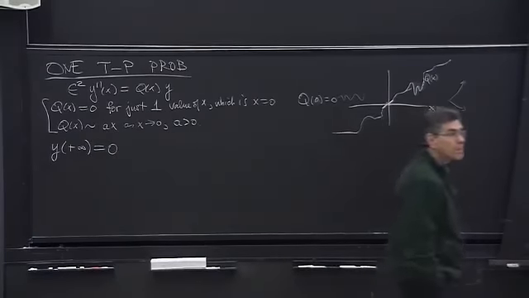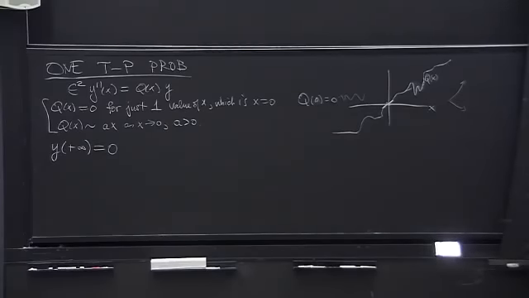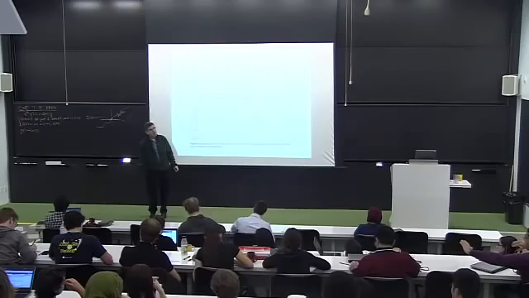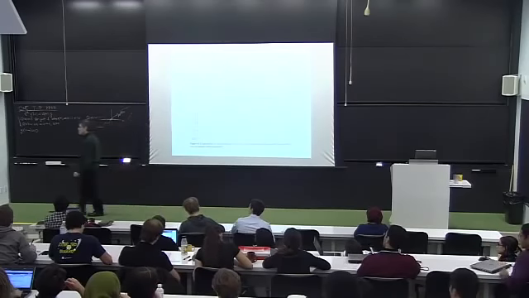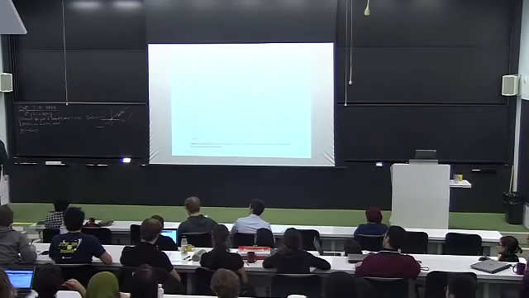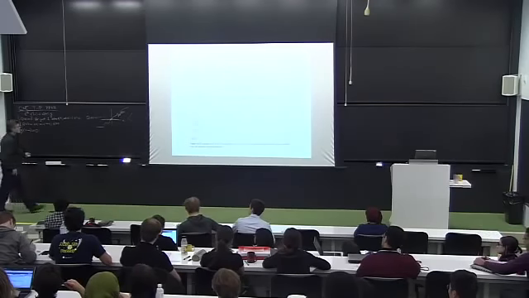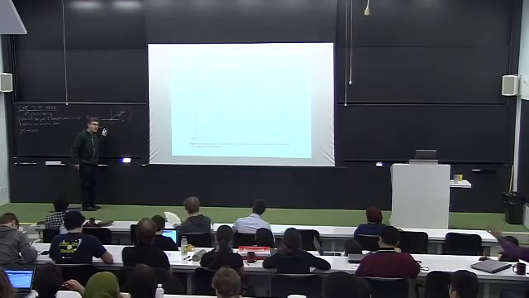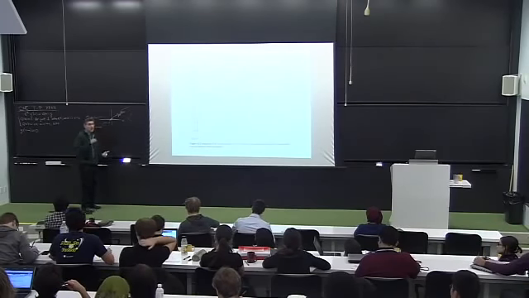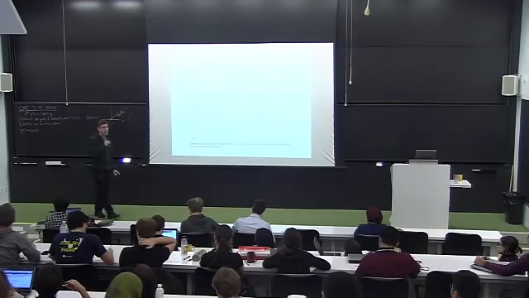You mean this? Are you talking about this curve? Why am I assuming that? Because I want it to pass through 0. I want it to have one turning point.